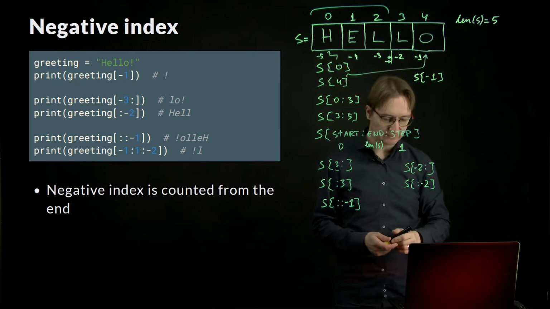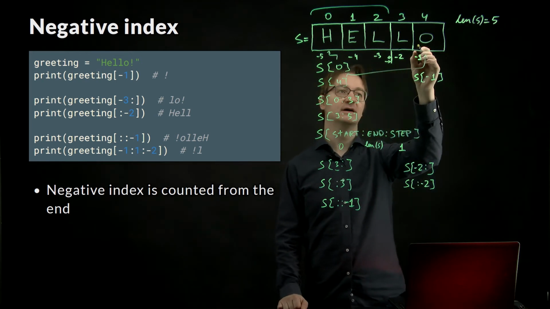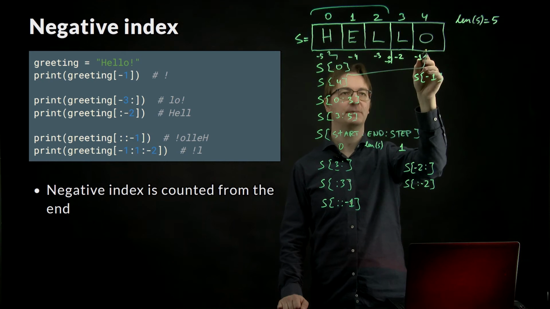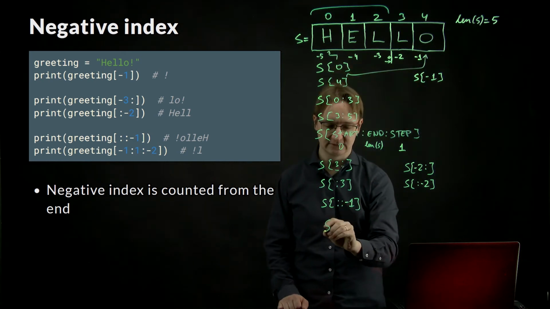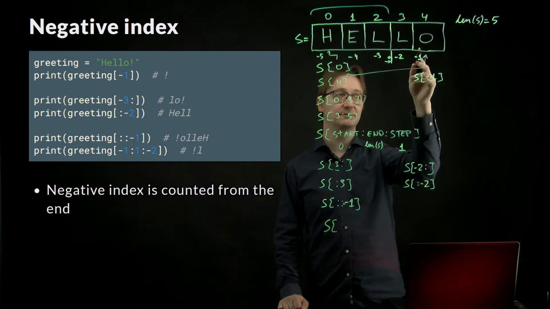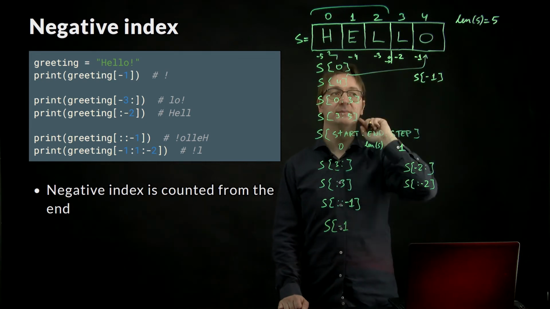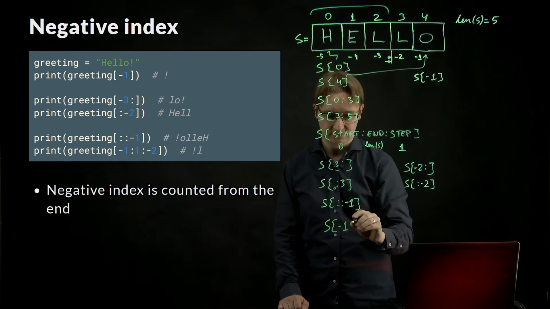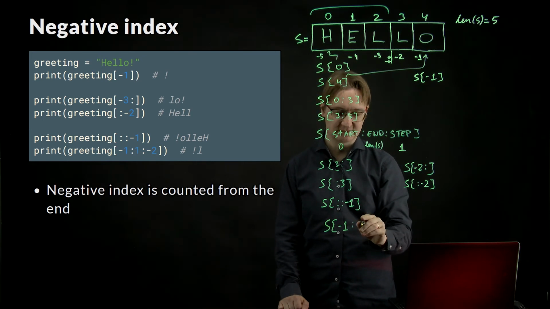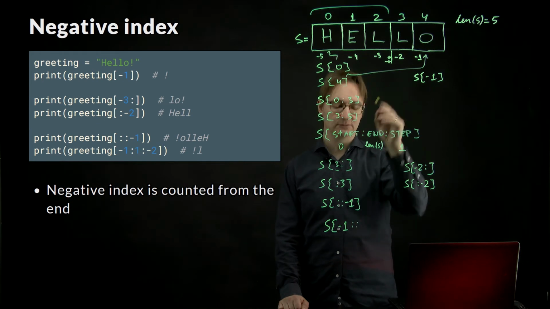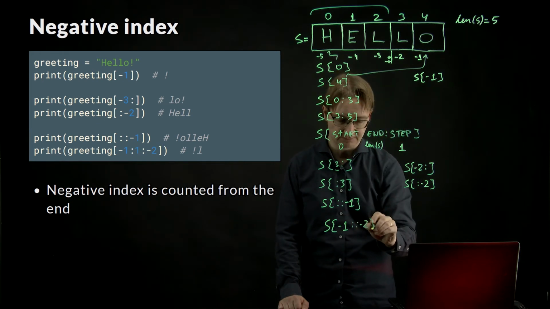So for example, if I would like to take every second element of the string backwards, I can write it so that it's basically starting from -1, then up to, for example, I can omit this value, but to indicate the step, I can write -2.